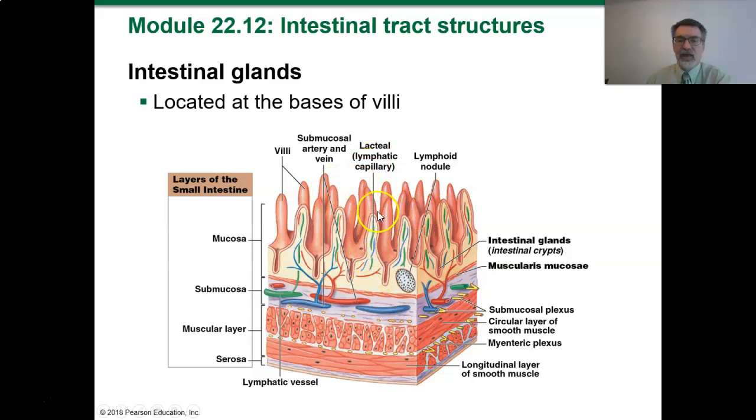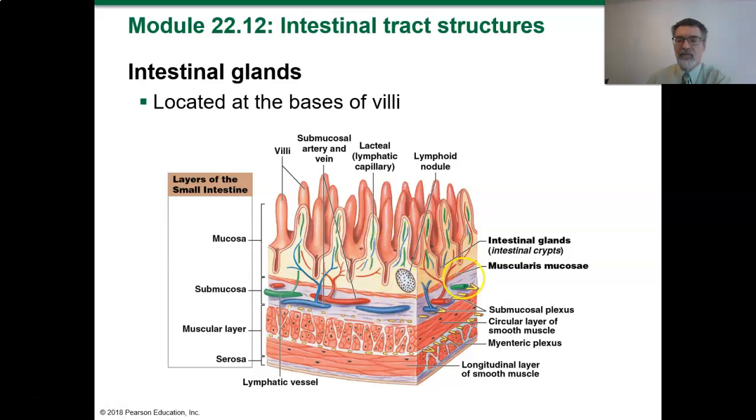So each villus would have a lacteal, and blood vessels flow in there, again, as I said earlier, in that tissue just below the villi, and that mucus layer right above that muscularis mucosa, right?